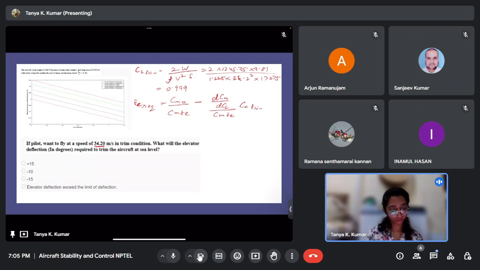Now, CL trim you just found, right? Try to find the others. Using the graphs for each delta E required, you have 5 lines there. So try to plug in values and see which line it matches.